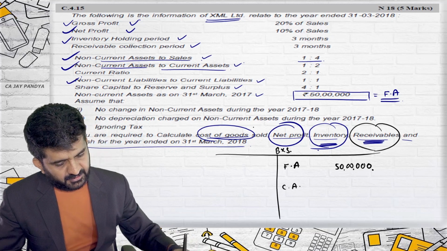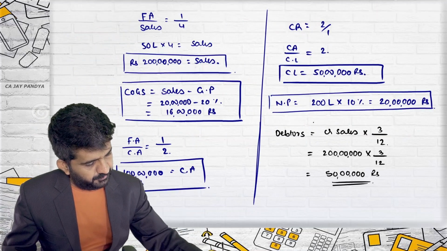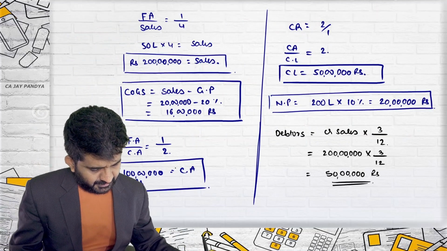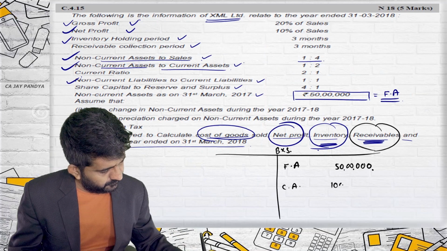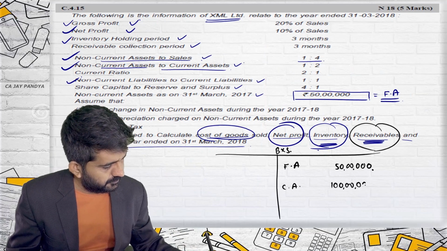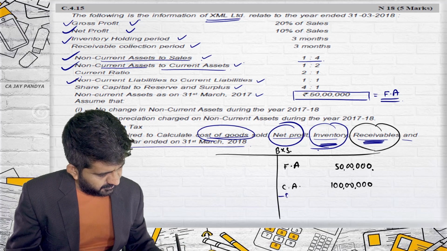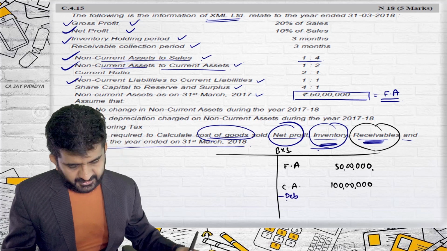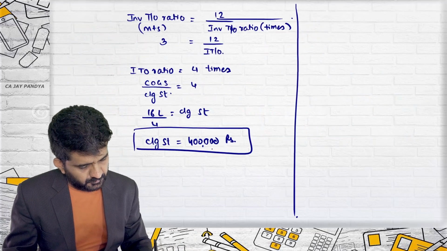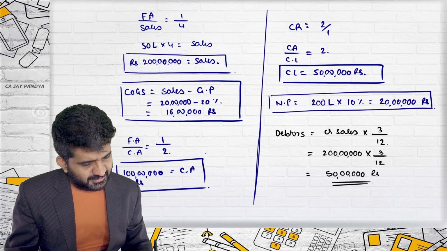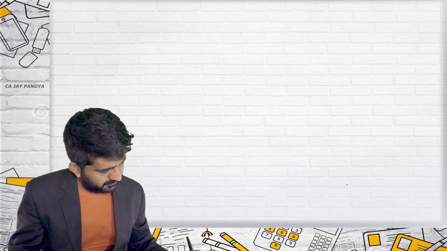Yes, current assets we have found out. Current assets are 100 lakhs. We know the portion of debtors? Yes. What are debtors? Closing stock is 40 lakhs and debtors are 50 lakhs.